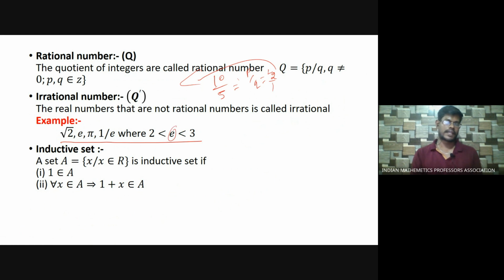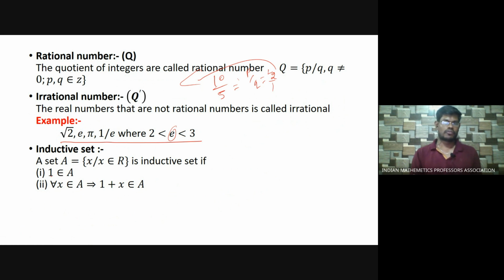Then we have an inductive set. The inductive set is nothing but a set that satisfies two conditions. Okay, so here we can take this set A is equal to x, that x belongs to the real numbers.